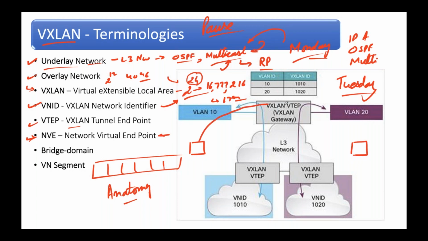In order to establish a tunnel between these VTEP devices, we require an interface, and that interface over here and over here is known as the NVE interface, or network virtual endpoint interface.